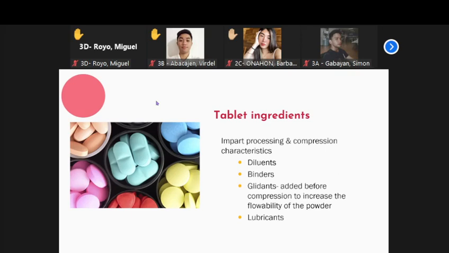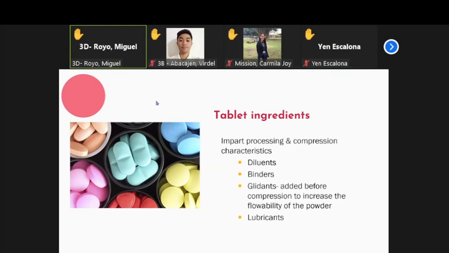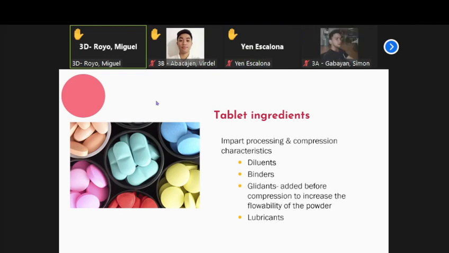No? Royo, what are diluents? Ma'am, nag-act siya as filler para mapabigat ang tablet, ma'am. And I think it can improve uniformity po, ma'am. Okay, diluents are added so that they're fillers, no? Kasi nga, like 500 milligram is so small and we cannot make a tablet that's so small. So we have to add diluents or fillers.